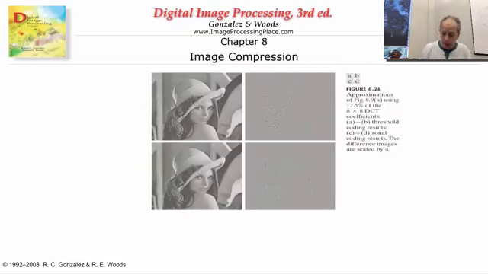So to conclude this part on the DCT, I just want to show you once again this image, Lena. And these are just two different cases, but don't worry about that for the moment. Here, basically, we took 8x8 blocks, we did a DCT, and we kept 12.5% of the coefficients, and then we came back.